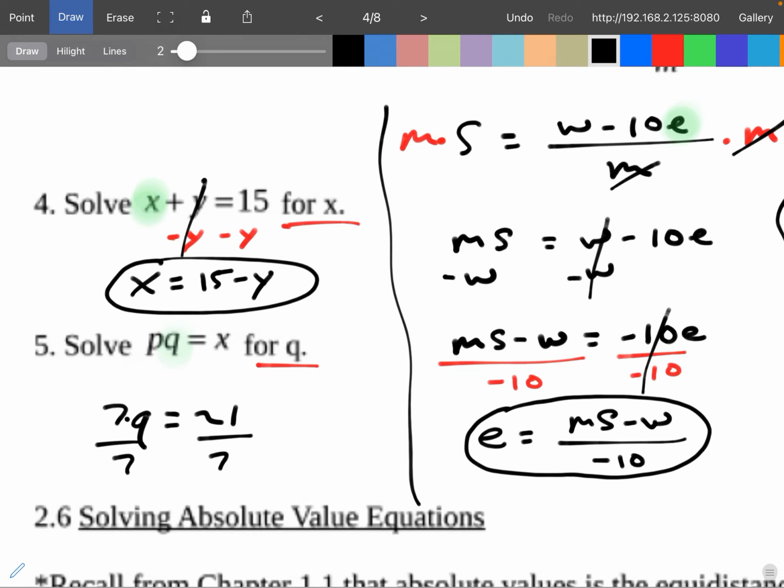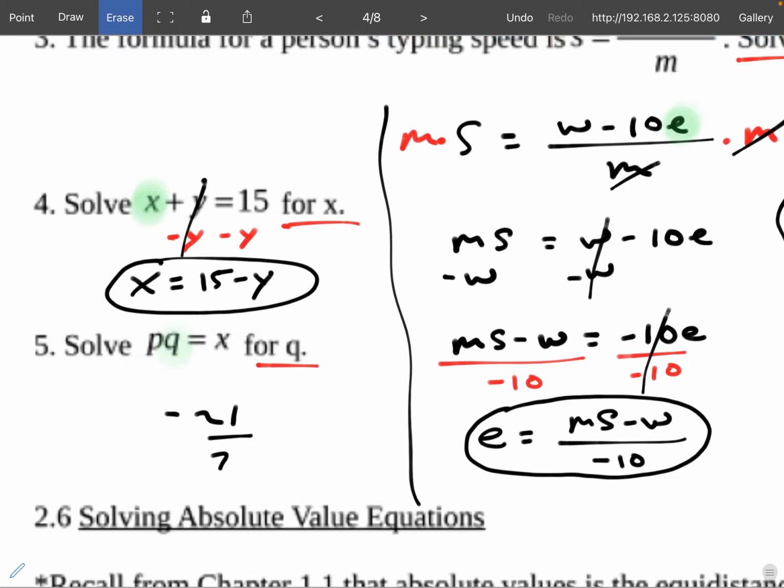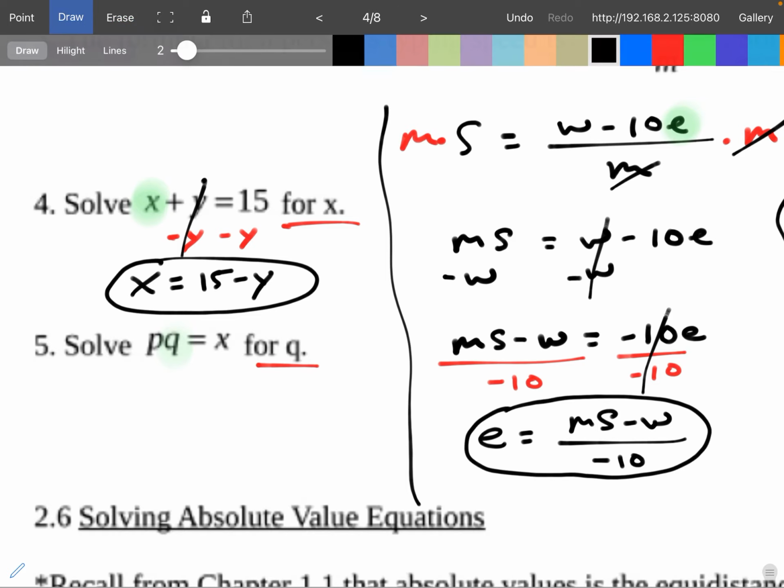If you were trying to get the q by itself, there's a multiplication right there. So the opposite would be to divide both sides by 7, right? You would just divide both sides by whatever number is out in front of that variable. In this case, it's not a 7 out in front of the q, it's a p. But that p still just represents a number. It's a variable, so it could be some real number.